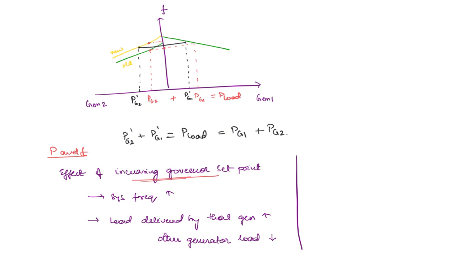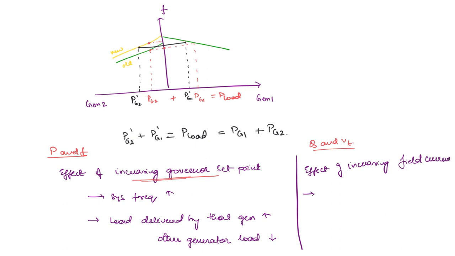Now in terms of the reactive power and the terminal voltage, the control that we will be using is the field control. The effect of increasing field current is just going to be the same thing.